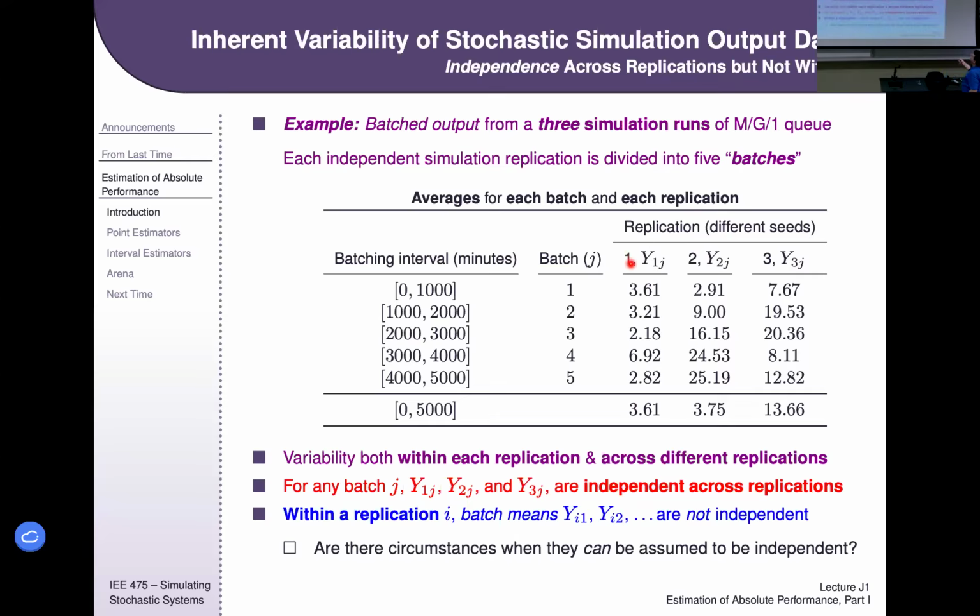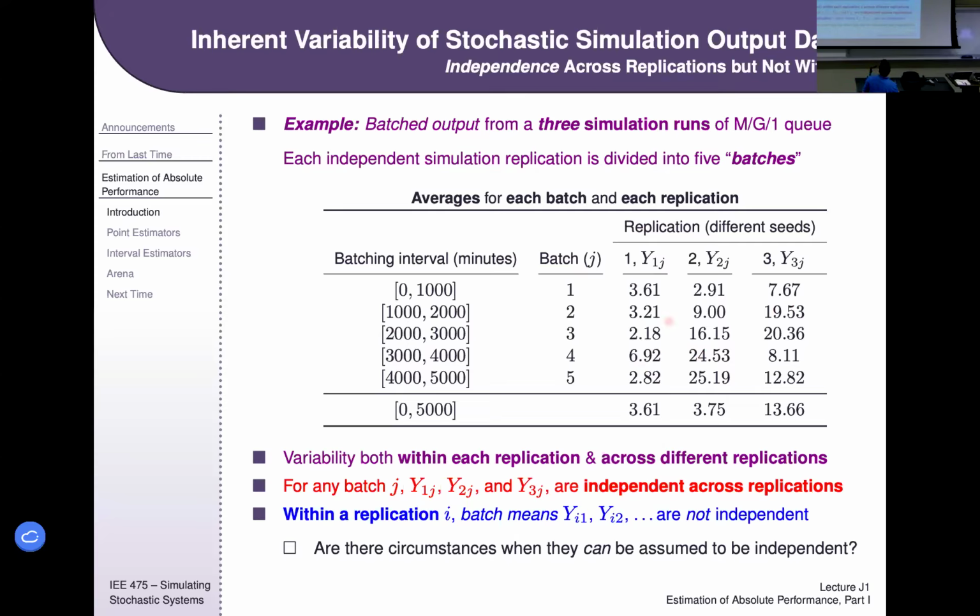Here I noticed that in replication 1, these are all relatively small numbers, even though big numbers are apparently possible. So there's something that happened in this replication that is a connecting thread going through the entire replication. And this tells me, if I look at the variance across replications and within this replication, that I cannot trust that these batches are independent.